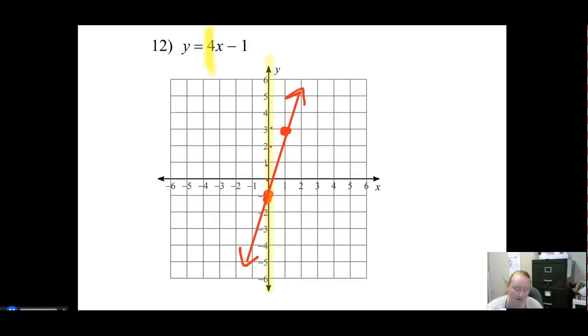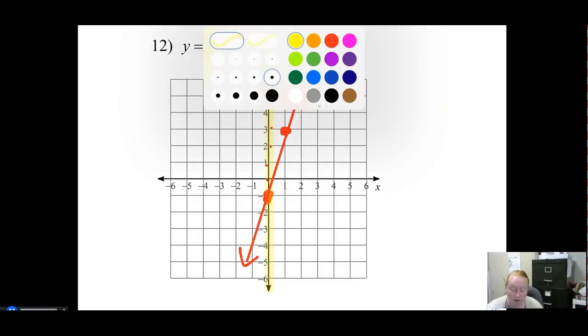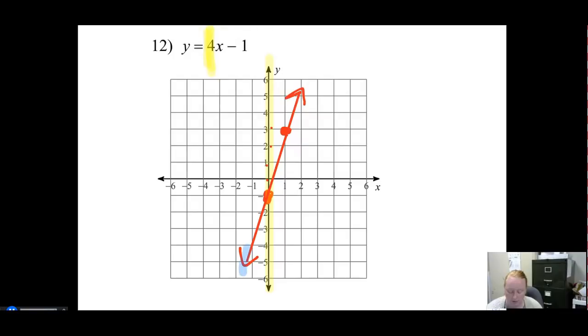And because there was a 4 there and it was positive, this line should go upward. And it does. I always use from left to right when I'm looking at whether it goes up or down. We read from left to right.